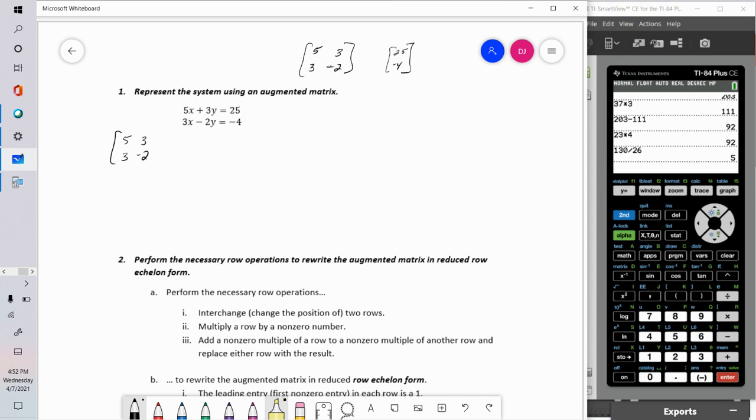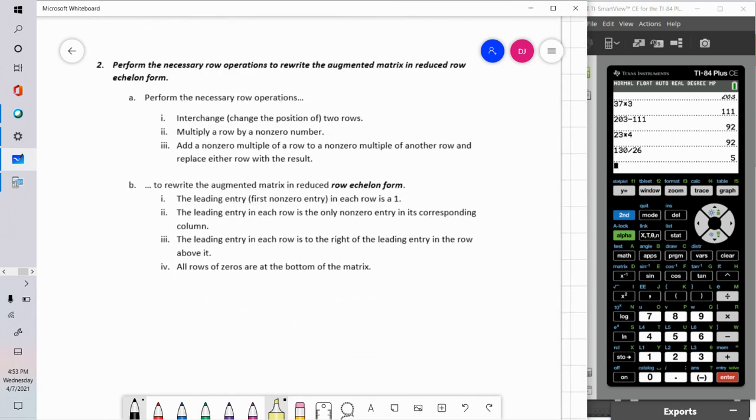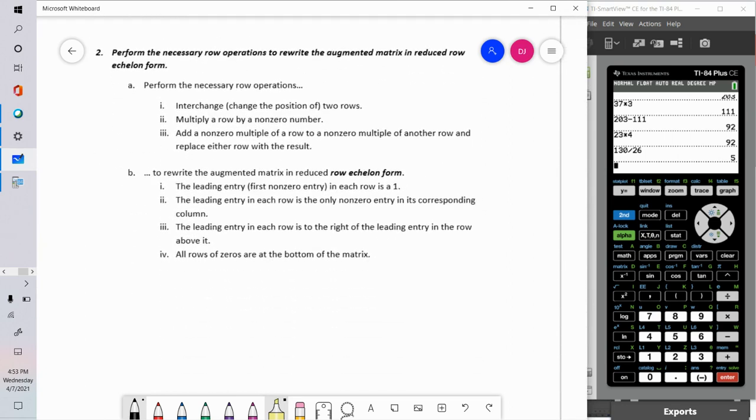Notice those are the coefficients. Then we put a vertical line to separate the coefficients from the solutions and put them into one matrix. So this is the augmented matrix.